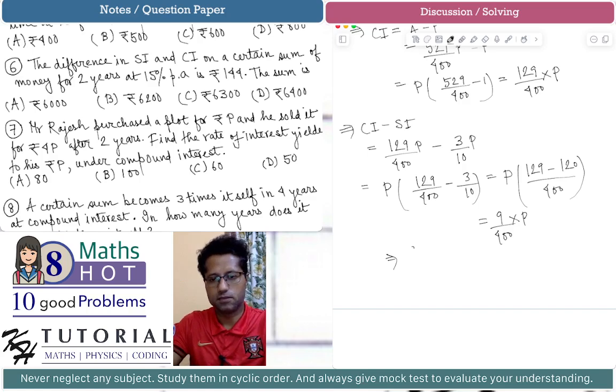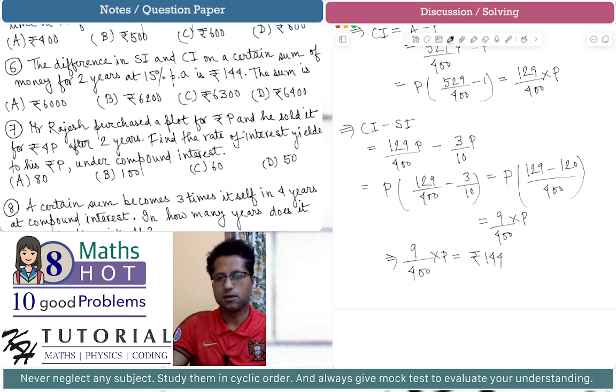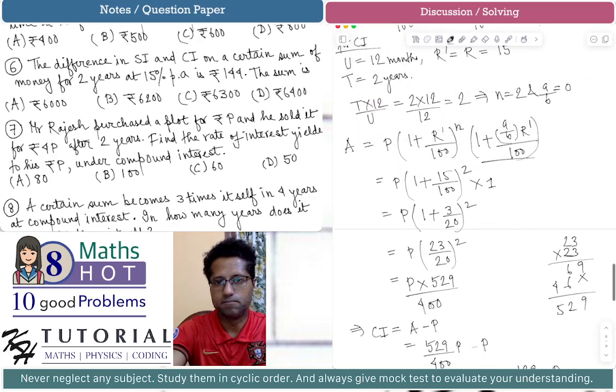So this implies 9 by 400 multiplied by P is equal to rupees 144. We have to find the sum, that is, we have to find P, because we have assumed P to be the sum.